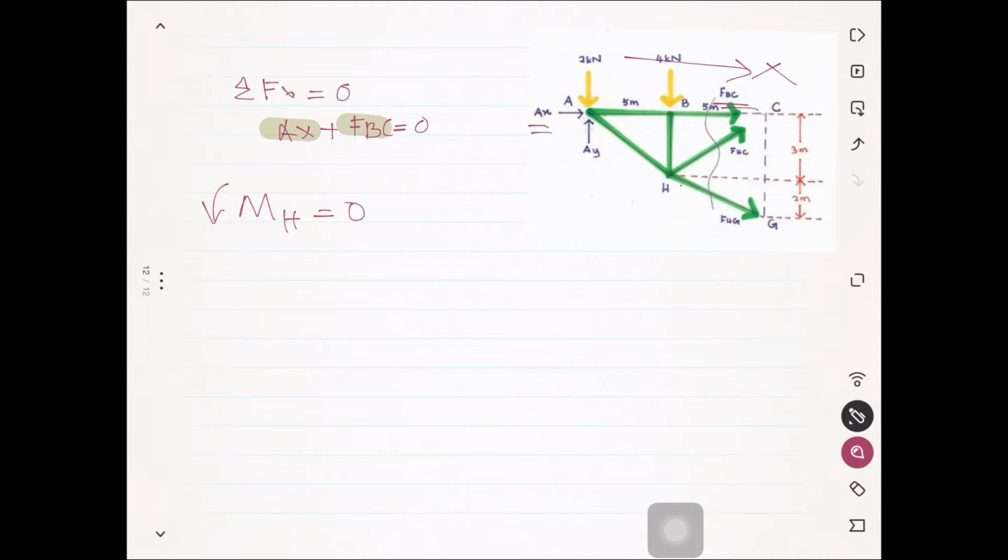Because at point A, the moment is directly related to the force of FBC, and for points B and C we also cannot use them because the force that enters or leaves those points is equal to 0. So we must use the point H to find the force of FBC. Okay, we got this one.